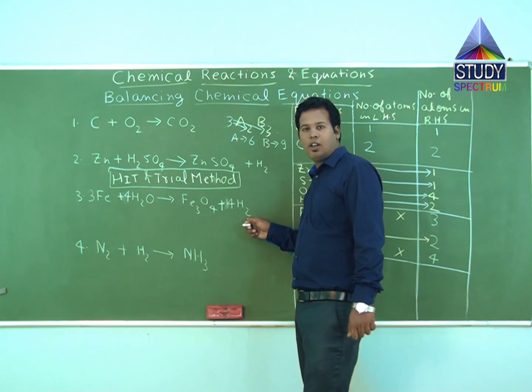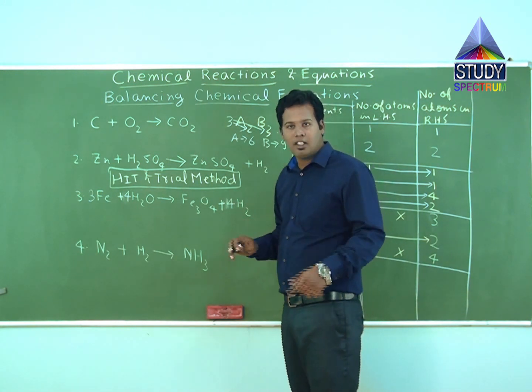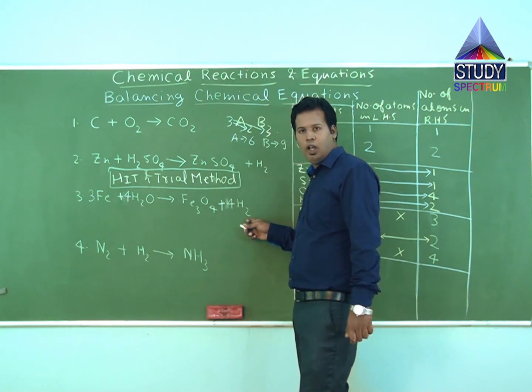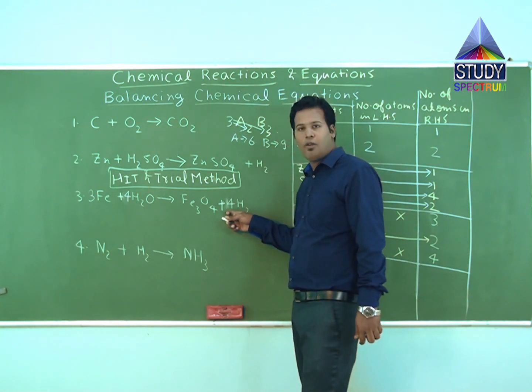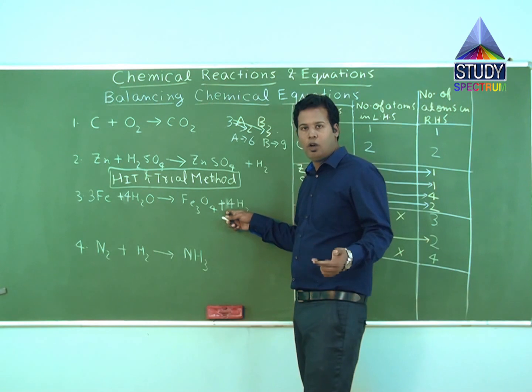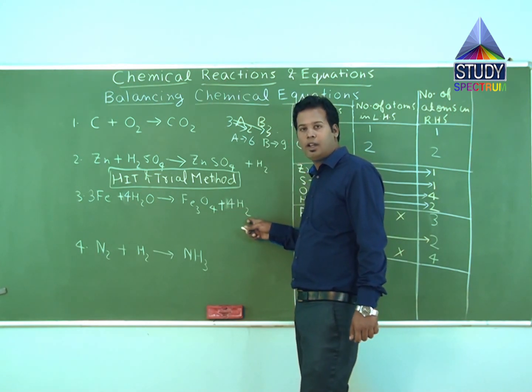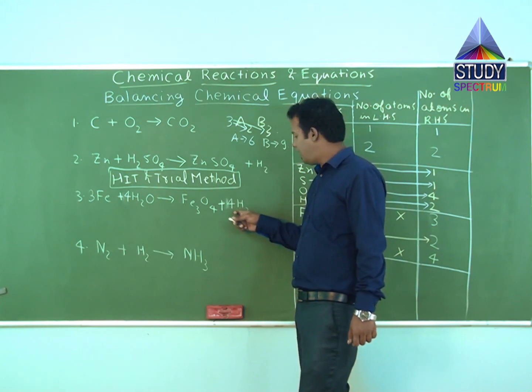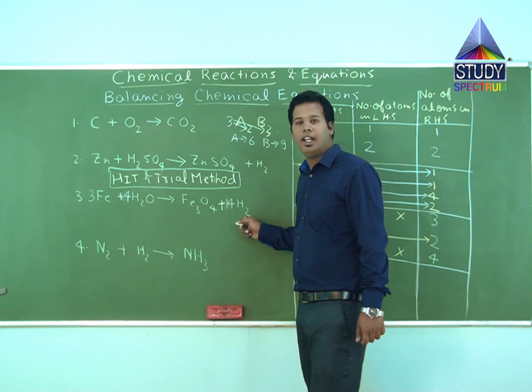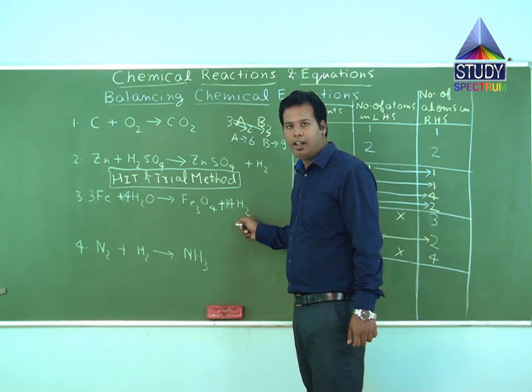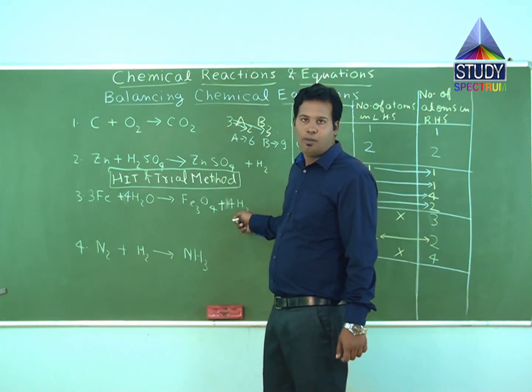Earlier the suffix of hydrogen in this molecule was 2. Since we are not allowed to change the suffix, it remains 2, but we have changed the stoichiometric coefficient of H2 from 1 to 4. It means the number of hydrogen atoms in this molecule will now become the coefficient into the suffix of hydrogen, that is 4 into 2, which means 8. Correct? So hydrogen is also balanced.